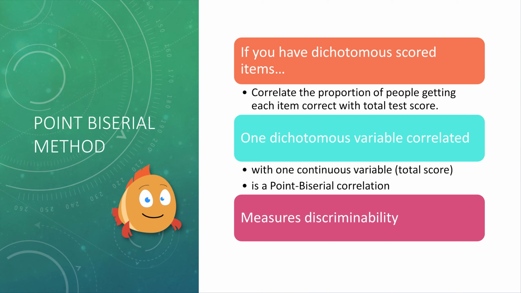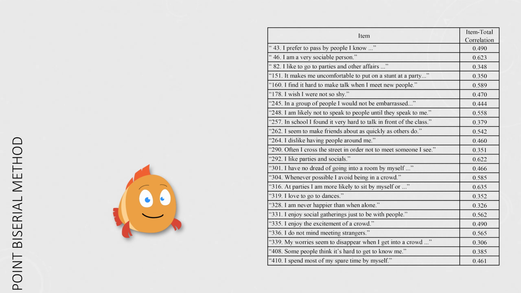Hence we use a point biserial correlation. And this measures discriminability. Oh, I lied. Here it is. Here's the item total correlations. You can combine these tables if you'd like. It does get a little overwhelming, I'm not gonna lie. But feel free to crawl in.